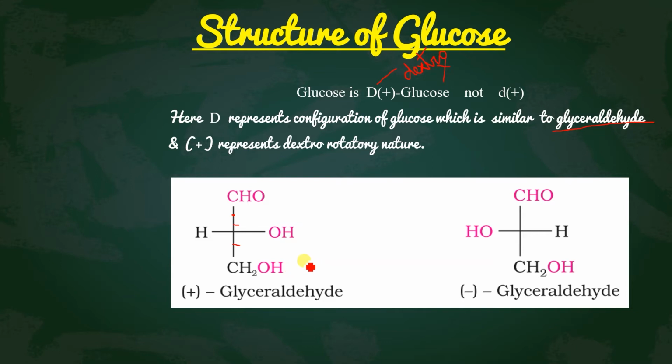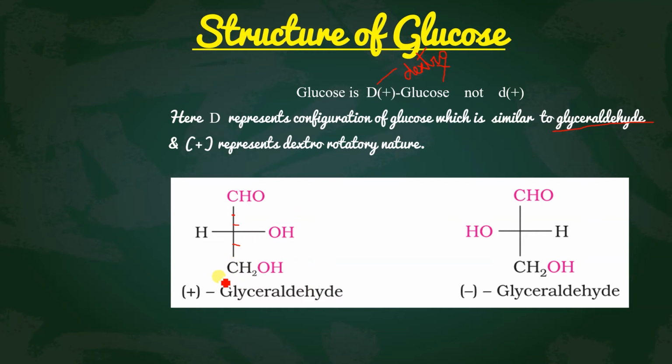So it is similar to glyceraldehyde. This is plus glyceraldehyde and this is minus glyceraldehyde, that is, dextroglyceraldehyde and levoglyceraldehyde. All glucose is plus glyceraldehyde. So D is for resemblance with glyceraldehyde, and the plus sign means dextrorotatory.